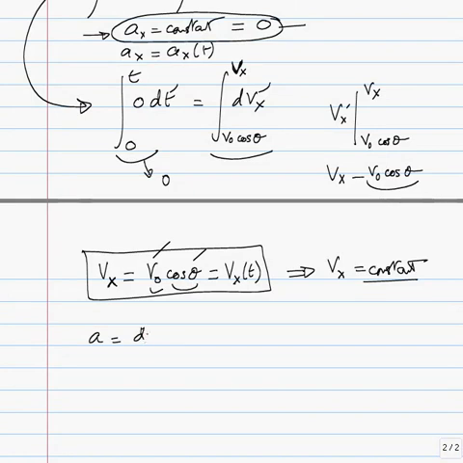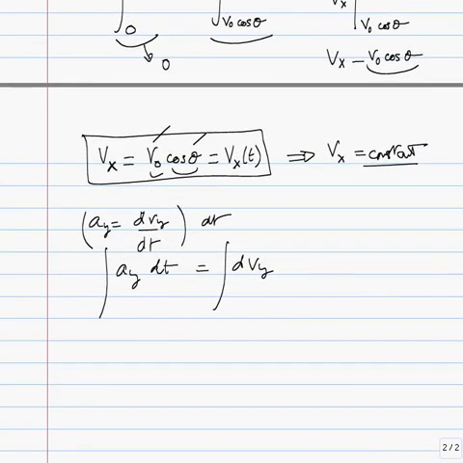A is equal to dv dt in the y direction, ay equals dvy dt. Similarly, I will multiply both sides by dt, which will give me ay dt is equal to dvy. Here we have to ask ourselves the question, what is ay? I can only integrate the left-hand side if ay is a constant or ay is a function of time.